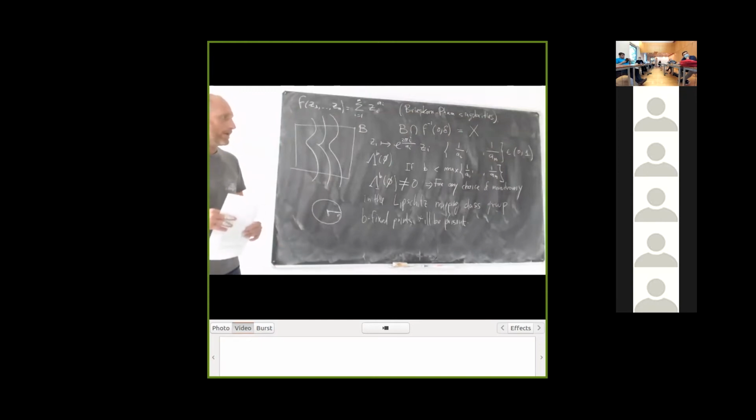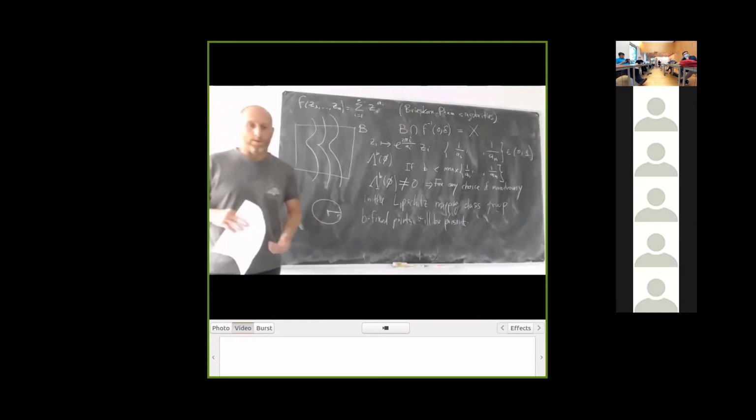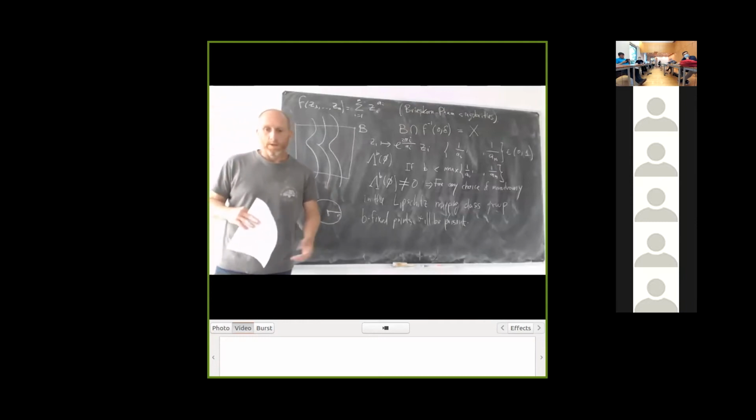I don't clearly remember, but there are examples of monodromies that do not have fixed points. So even if they don't have fixed points, if you make the right representative of the monodromy, they need to have B fixed points, and at least for me, this is surprising and very good.